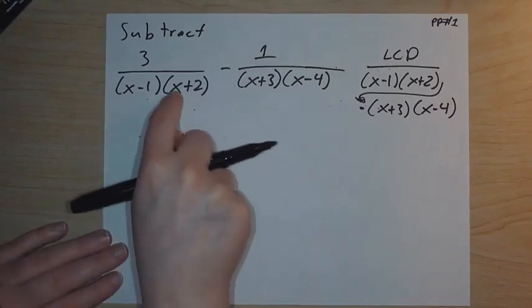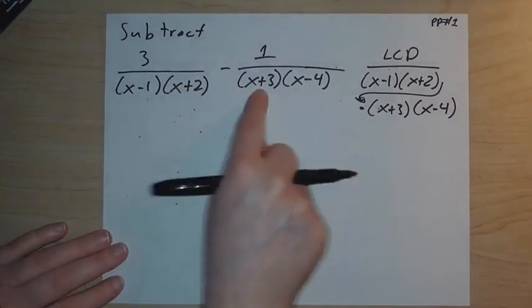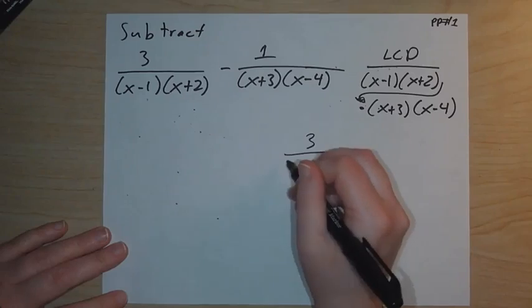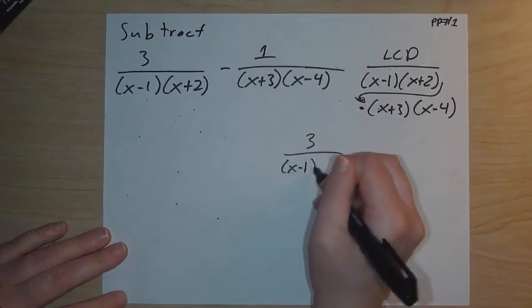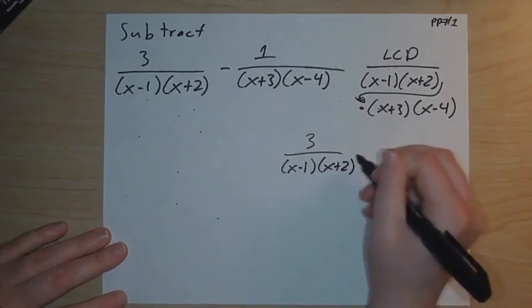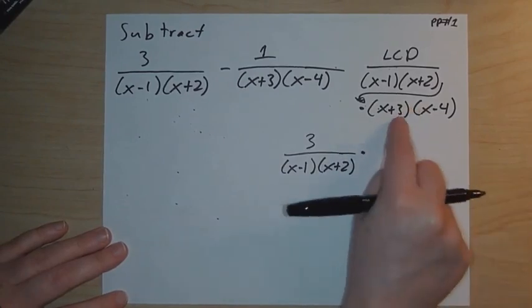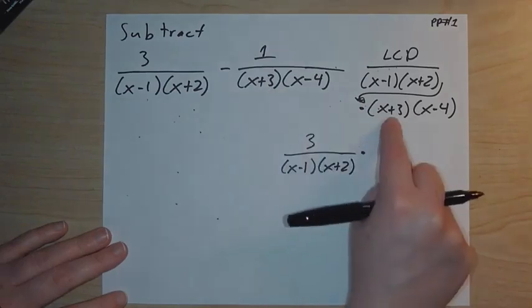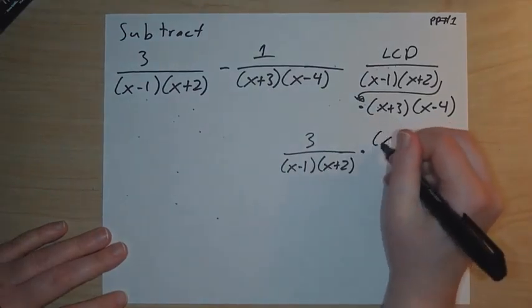We're going to make it so the LCD is on both the top and the bottom. So doing that to the first fraction, we have 3 over x minus 1 times x plus 2. To make it have this LCD, we need to multiply it by these factors right here, x plus 3, x minus 4.